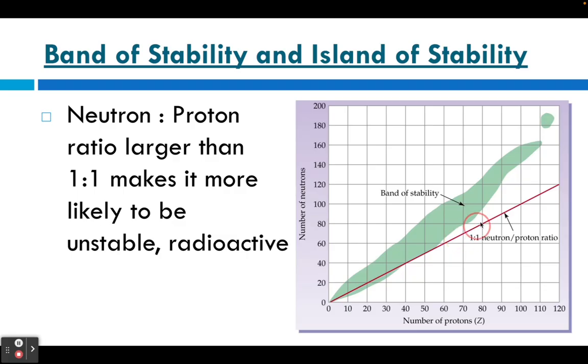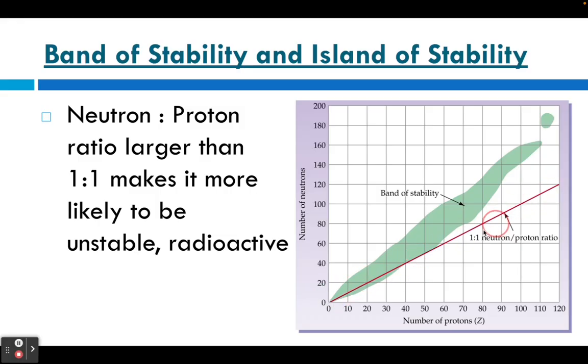So any isotopes out here are going to be more radioactive than the ones inside the band. This is where you have stable atoms, not a lot of radioactivity. Outside of that band, you're going to see isotopes or atoms falling apart and releasing energy, radiation, particles.